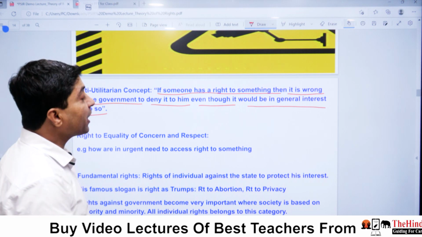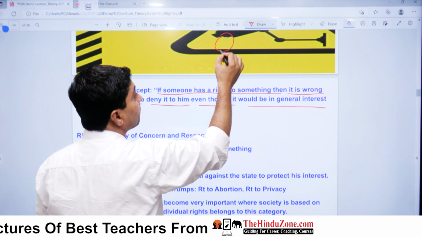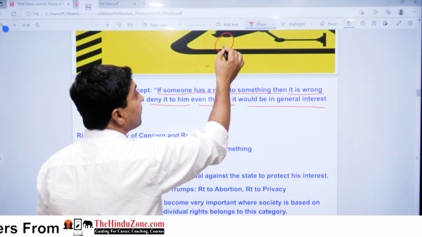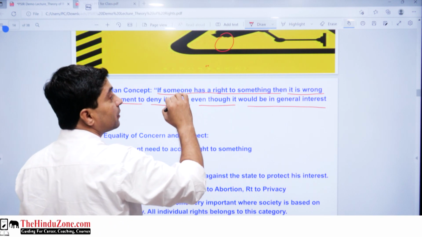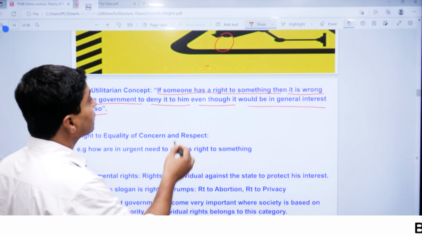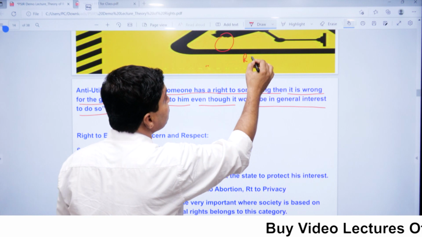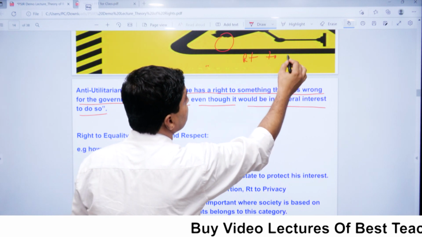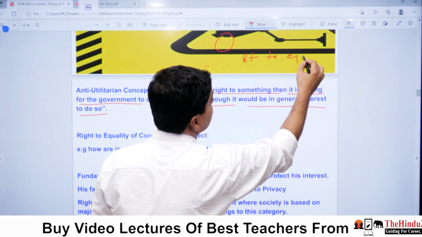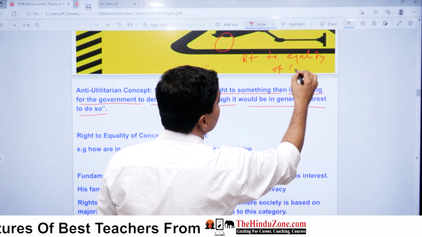He said, okay, fine, if government is making law, but if something belongs to someone, government should not deny it to that person. And he said that we must be concerned with the right to equality of concern.